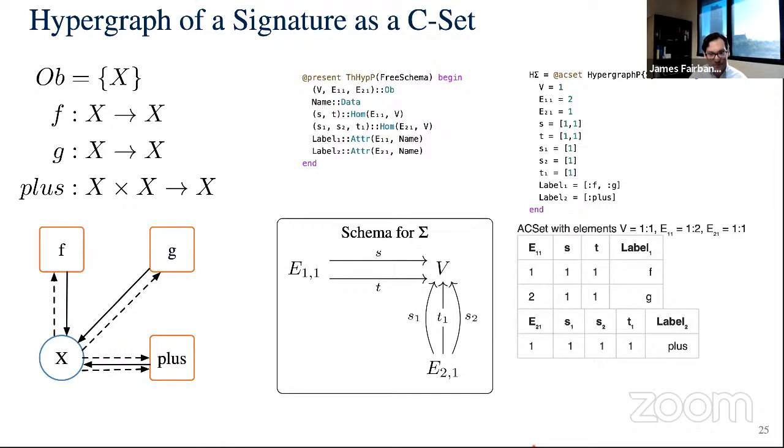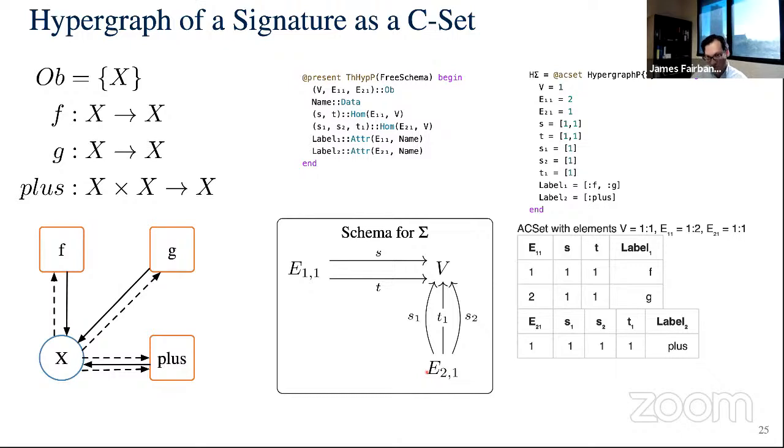So it's pretty cool that, with a lot of work by Chris, we were able to get this working just since that talk. So yeah, I've got my signature. I can compile that into a hypergraph over this hypergraph schema. So I have E11, which represents my arity 1, co-arity 1 morphisms. I have my object E21, which represents my plus, a 2-1 morphism.